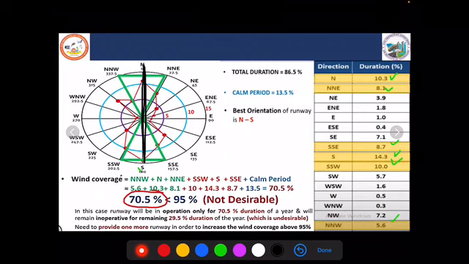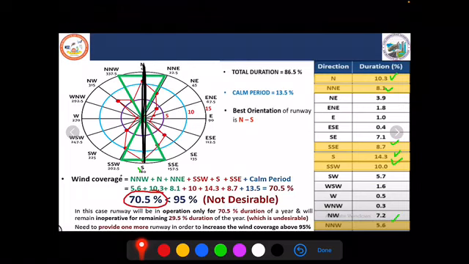You have to write that note here. The runway will be operational for 70.5% of the duration in the year, and it will remain inoperative for the remaining 29.5%. So it is undesirable. We need to provide one more runway in order to increase the wind coverage above 95%.